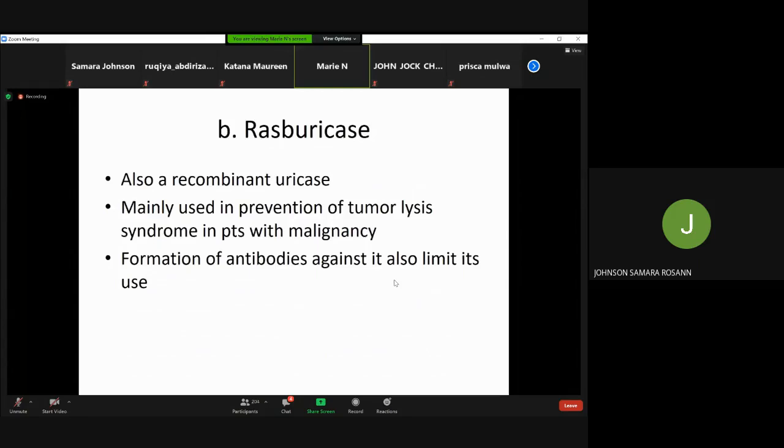Remember, as you give the chemotherapy, you start breaking down cells, then you get increased uric acid levels. So you can use rasburicase to prevent that tumor lysis syndrome. The problem with it, just like with pegloticase, is that you can get formation of antibodies against it. So that is another reason why they're not used very commonly.